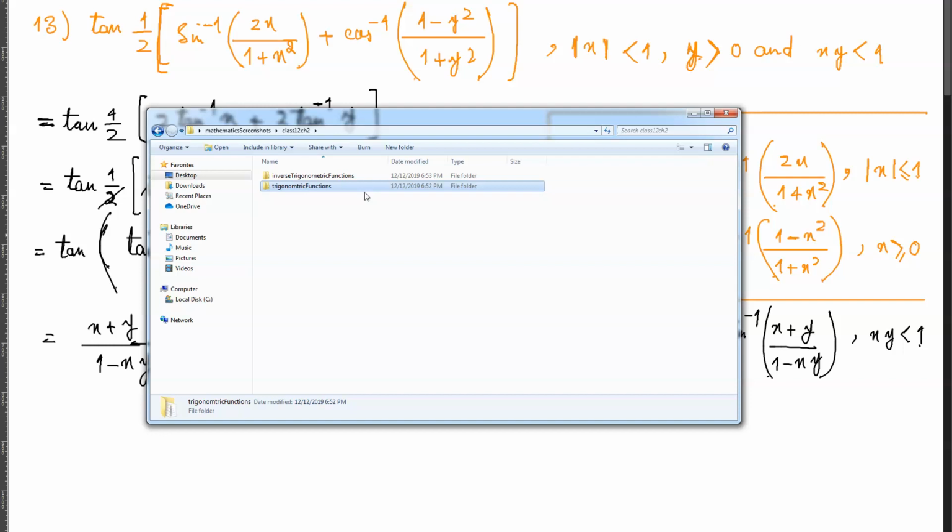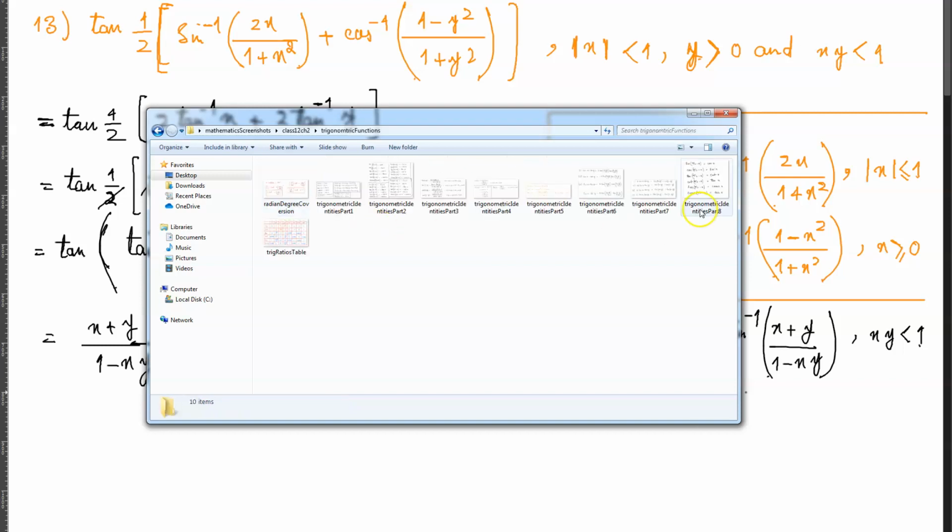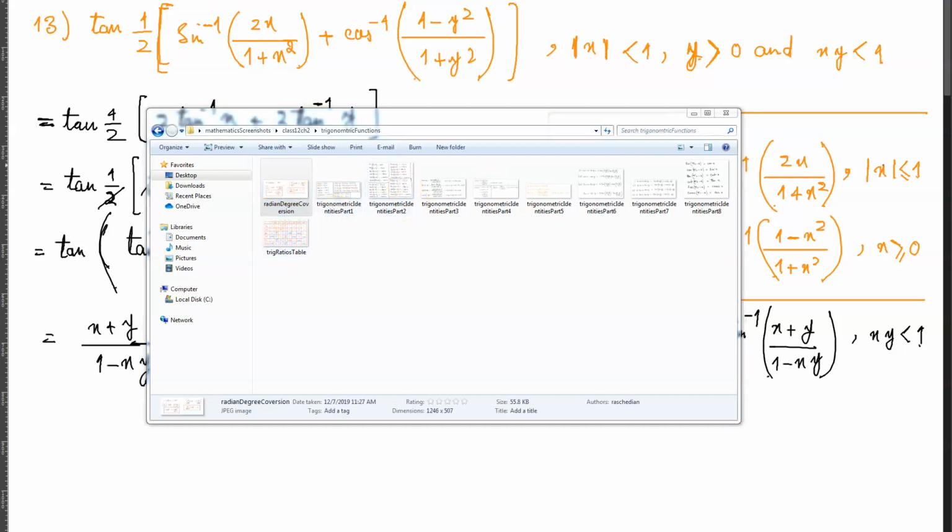But right now, it's not necessary for me. You can of course do that, and it doesn't take much time to learn all of them. But what I mean to say is that everything we have done related to trigonometric functions, you can write down.